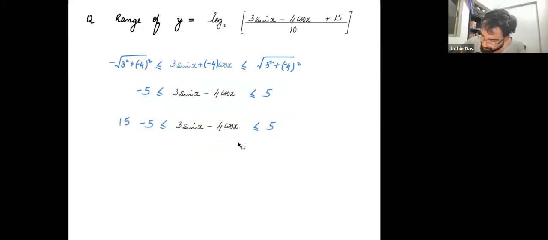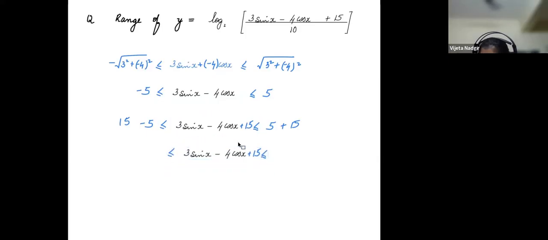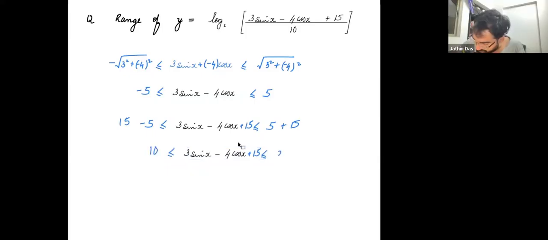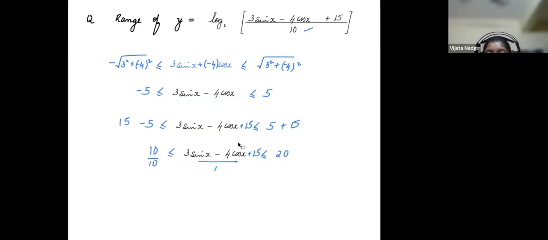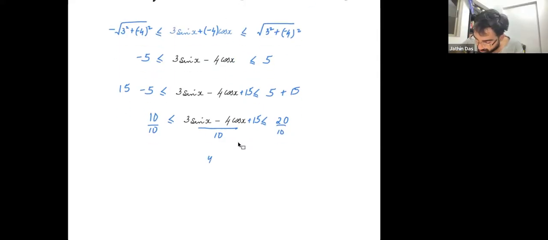Okay, so this will come step by step. You have to do like this. So this will become 10 and this will be 20. Now you'll have to divide it by 10. So 1 and 2. So the entire function inside the logarithm will become 1 and 2.